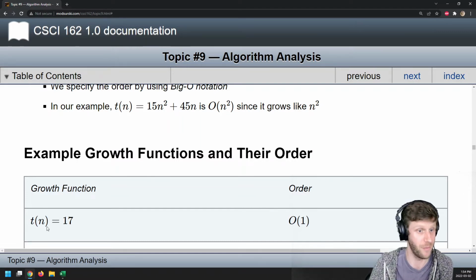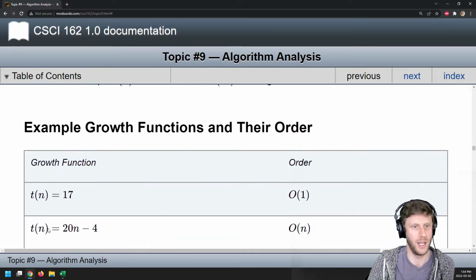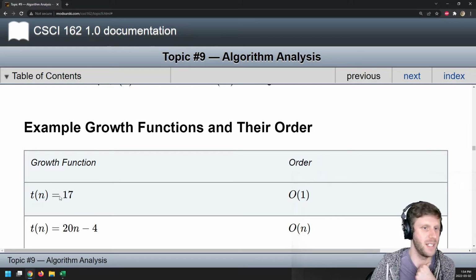And we're going to see functions that are like this. Here's one. T of n equals 20n minus 4. Well, this is a constant, right? For which I don't really care about. Sometimes we like to think of these as 17 times 1, where 17 is the coefficient. So 20n minus 4 times n to the 0.